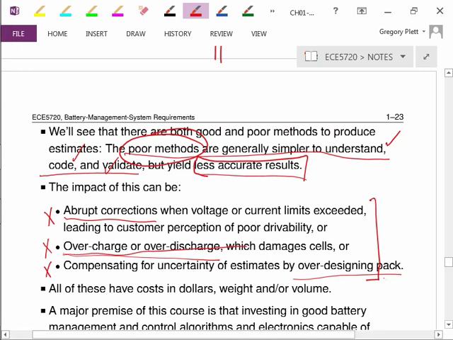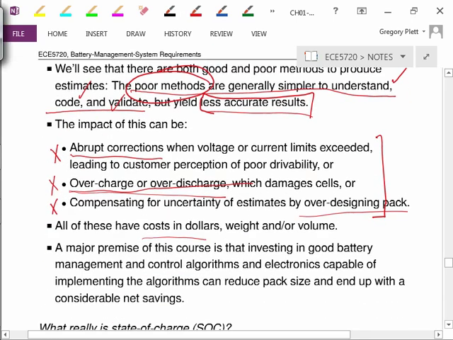Your product is smaller weight, it's smaller volume, and really, when you factor in design plus product, it's going to cost less in dollars because you can get away probably with a much smaller battery pack because you're not over designing it. So that's my soapbox.